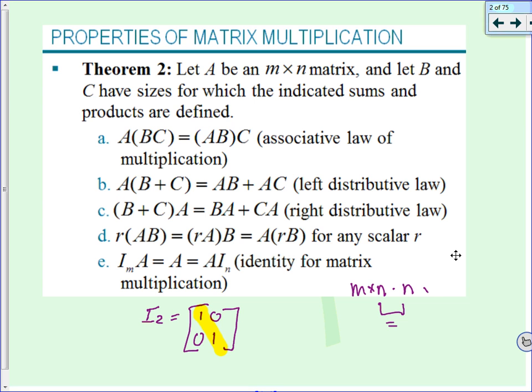They have to be equal. Let's say N by P. These have to be equal in order to multiply together. So you have an M by N matrix times, for example, an N by P matrix, and that'll yield an M by P matrix. So when you choose your identity, it just has to be the one which provides this middle equivalence with the matrix multiplication. Questions?